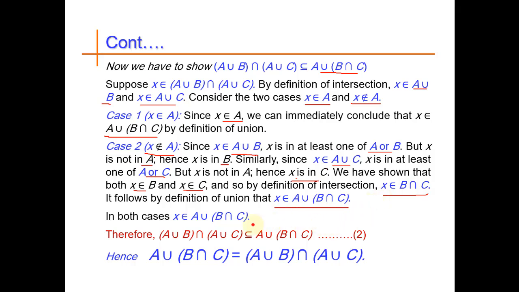In both the cases, X belong to A union (B intersection C), and hence the left hand side is contained in now right hand side, which completes the proof of distributive law.